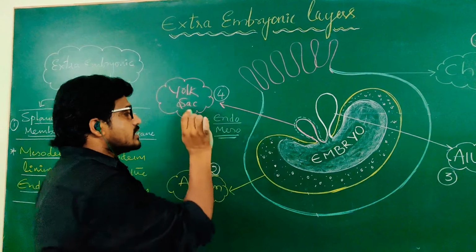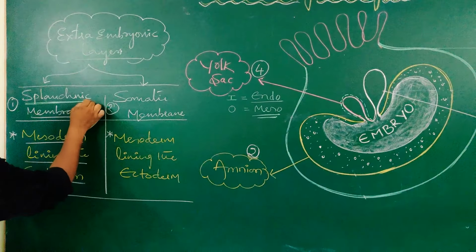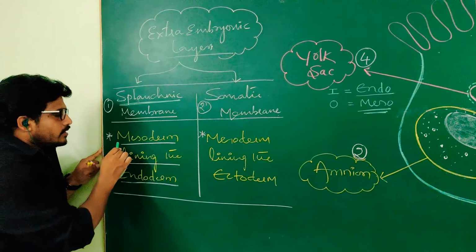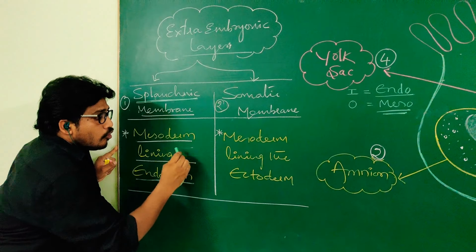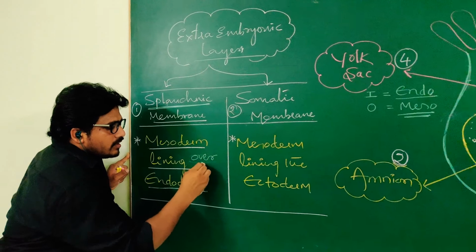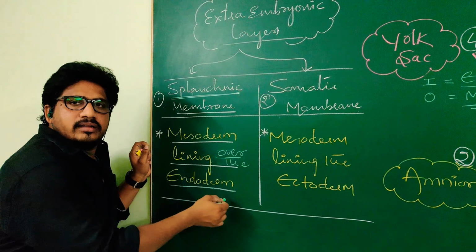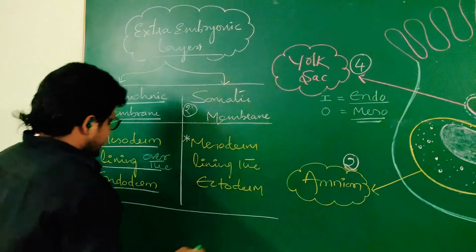Certainly outside. Such a type of alignment is called the splanchnic type of arrangement. So you can understand this sentence now: mesoderm lining the endoderm is called the splanchnic membrane. So the yolk sac is the best example.